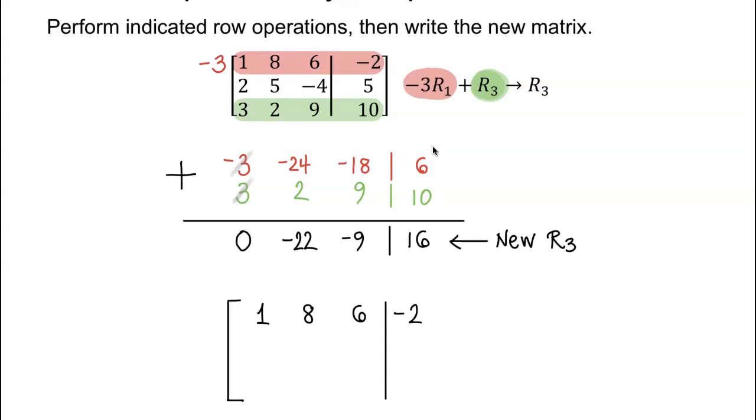Row 2 is still the same thing, all these numbers. 2, 5, -4, and on the other side we have 5. But now we just have to write the new row 3, which is 0, -22, -9, and 16. So let's write that, 0, -22, -9, and 16.